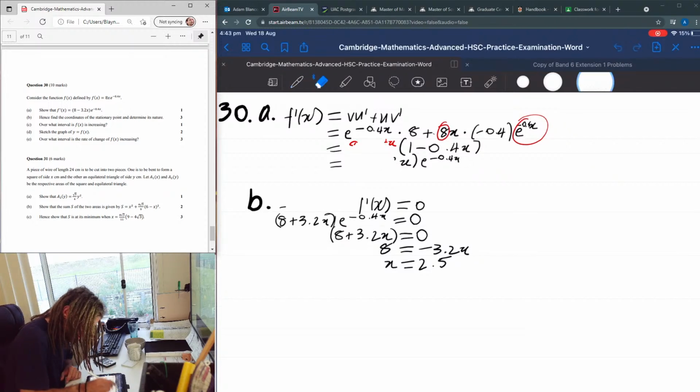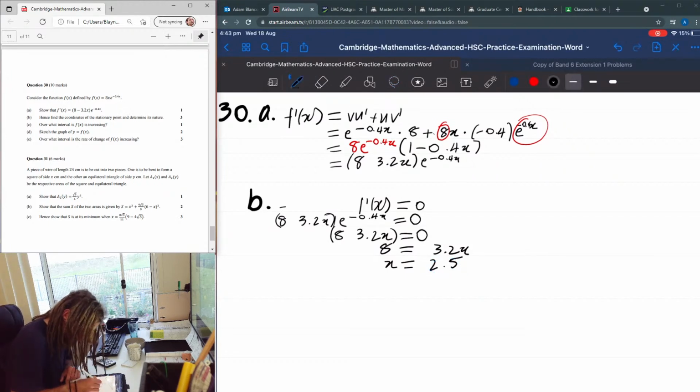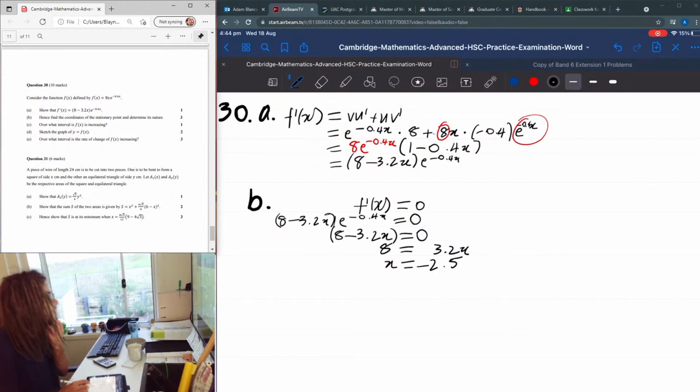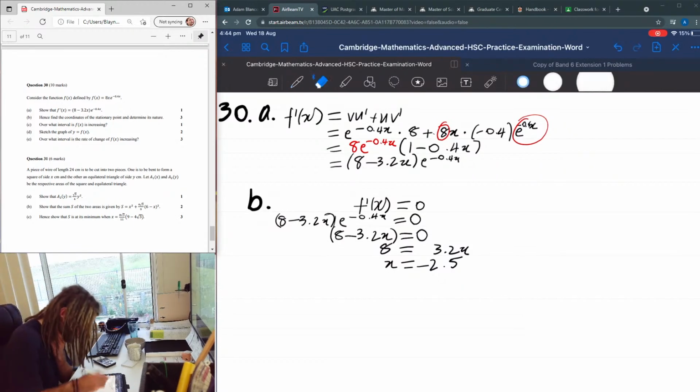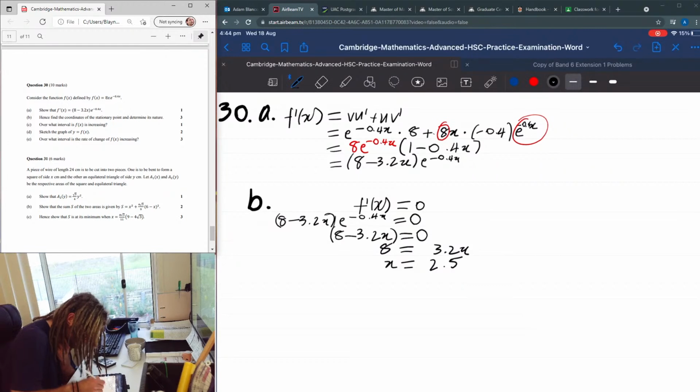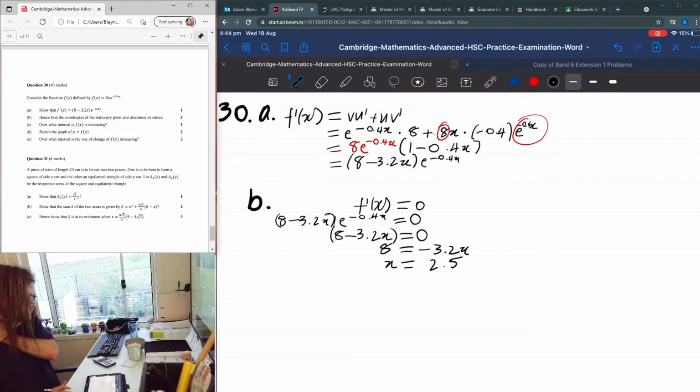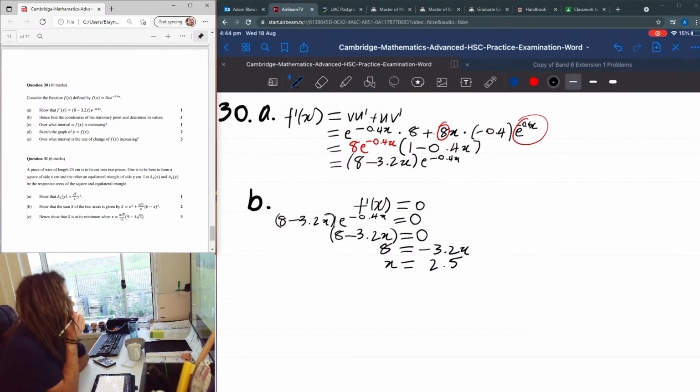That's a minus. Minus means that's positive. Minus, minus, minus. Okay. Easy mistake. Okay. Minus 2.5. Okay. So that's my stationary point.